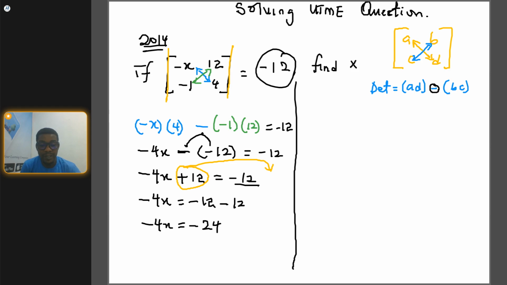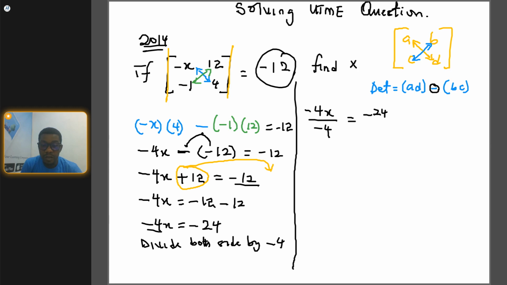To get the value of x, you need to divide both sides by the coefficient of x, which is minus 4. Divide both sides by minus 4. That is the coefficient of x. So we are going to have minus 4x divided by minus 4, which is equal to minus 24 divided by minus 4.